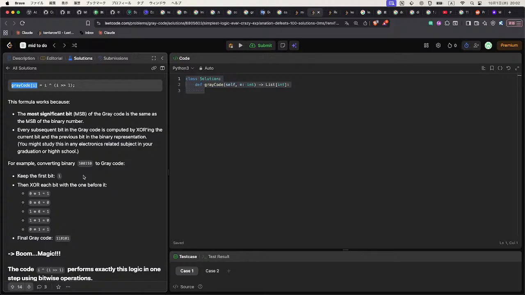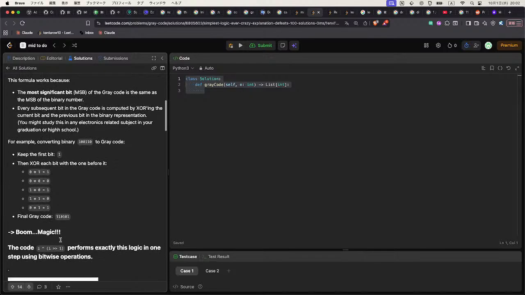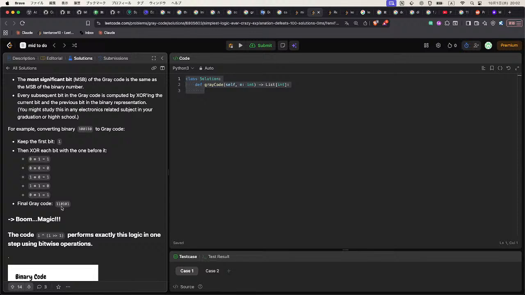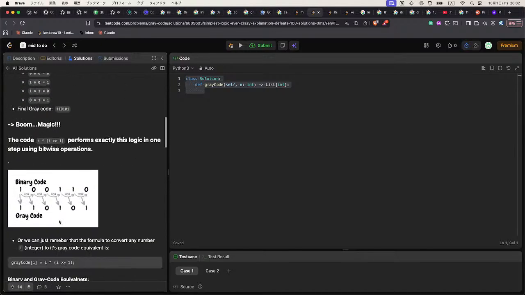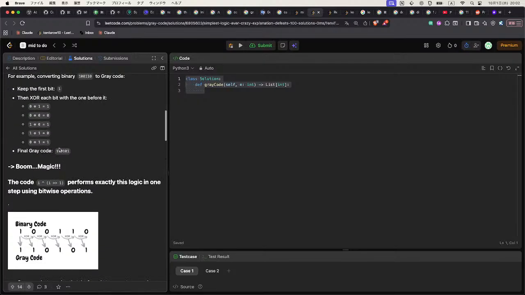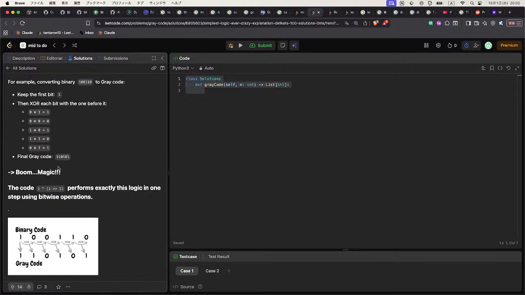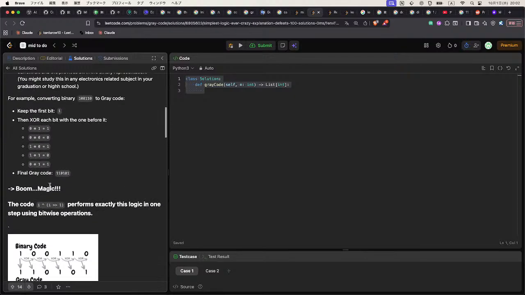What? One, two, three. 3 bits differ. Is this correct? I cannot understand.